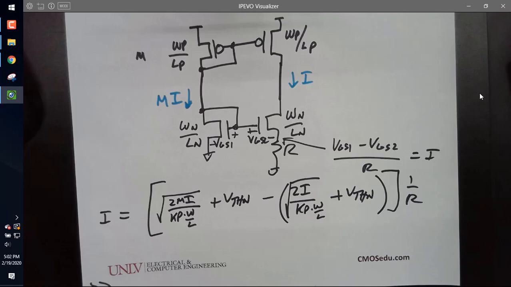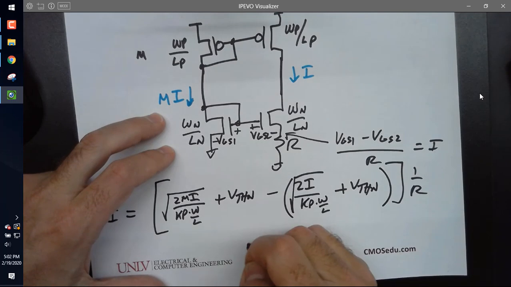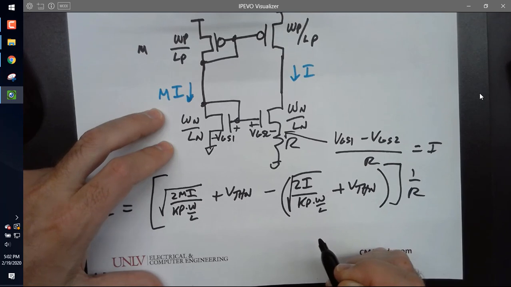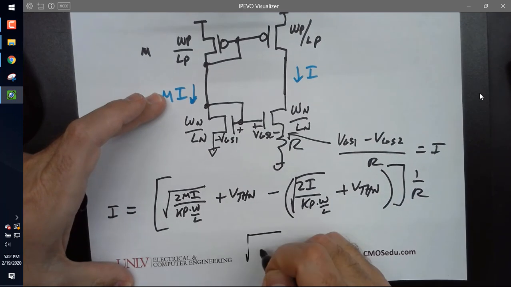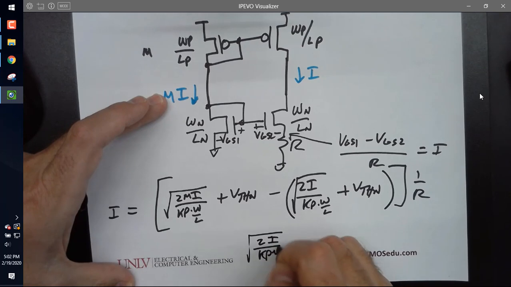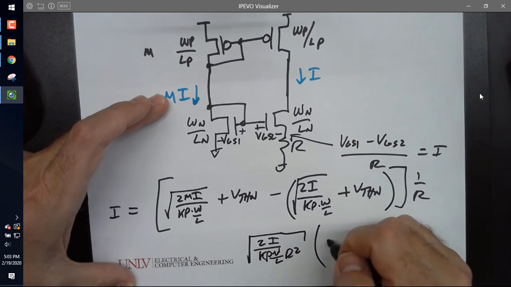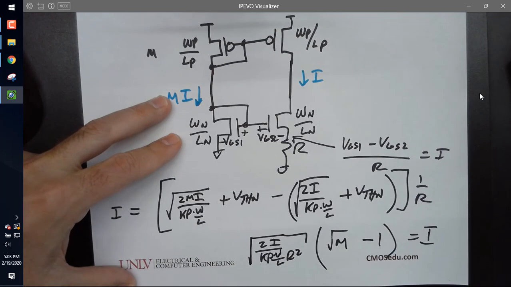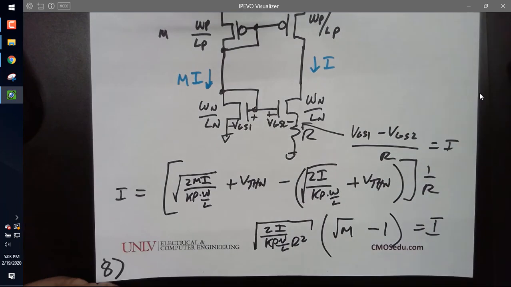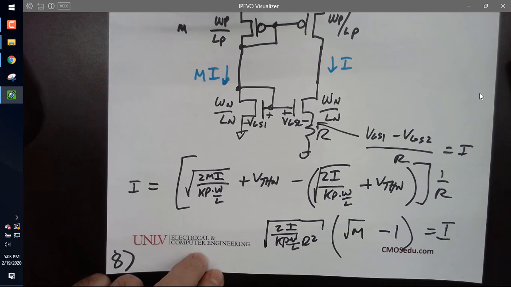And would you agree now that I can write this, skipping a step, as the square root of 2I over Kp W over L R squared, times the square root of M minus 1, is I. Any questions? So far, so good?